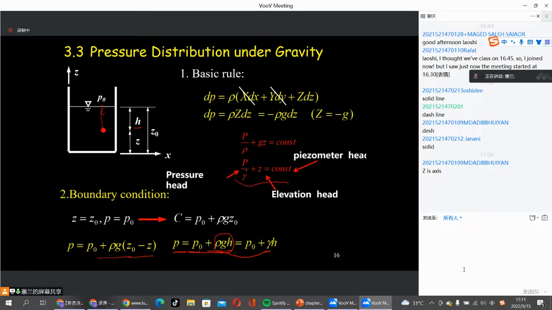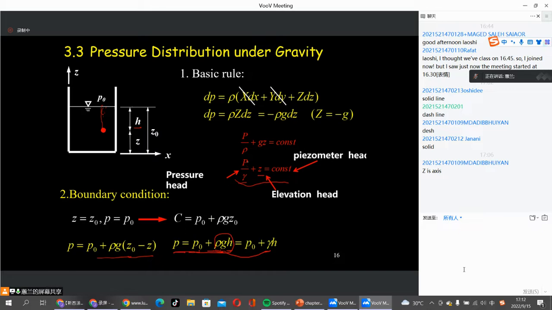Here, one more thing: we address this at the beginning of this class, that every term should have the same dimension. Z has the dimension of length, so P over gamma also has the dimension of length.